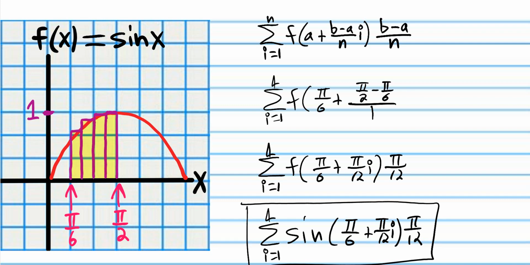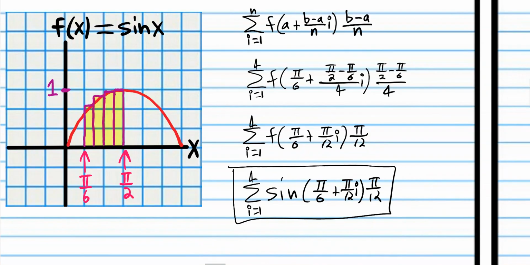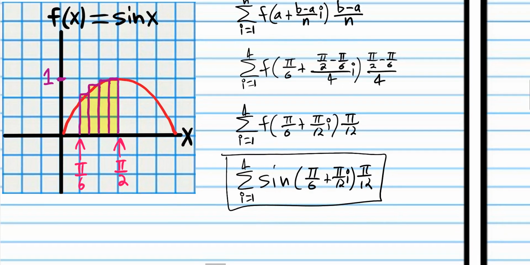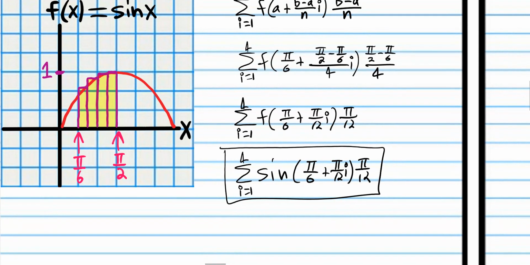I'm just showing that we did the same exact thing pretty much that we did before. Only difference with this formula is again that we have I instead of I minus 1. Okay, so there you go.